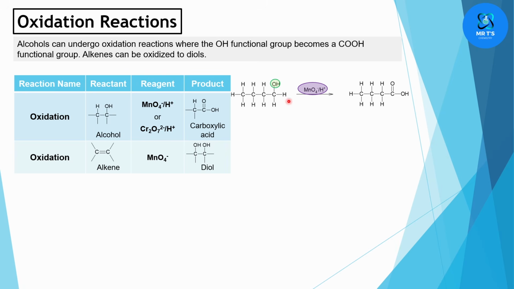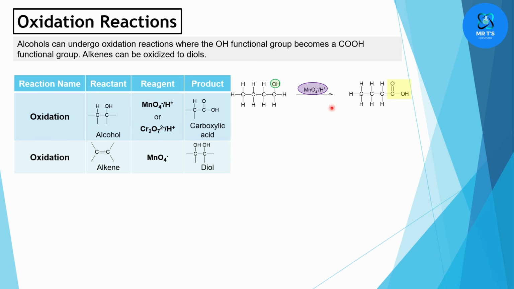The carbon that the OH is attached to gains a double-bonded oxygen and keeps the OH group, forming a carboxylic acid functional group. At this level we don't need to know this, but there is an intermediate along the way called an aldehyde, but the end product is the carboxylic acid from an alcohol.